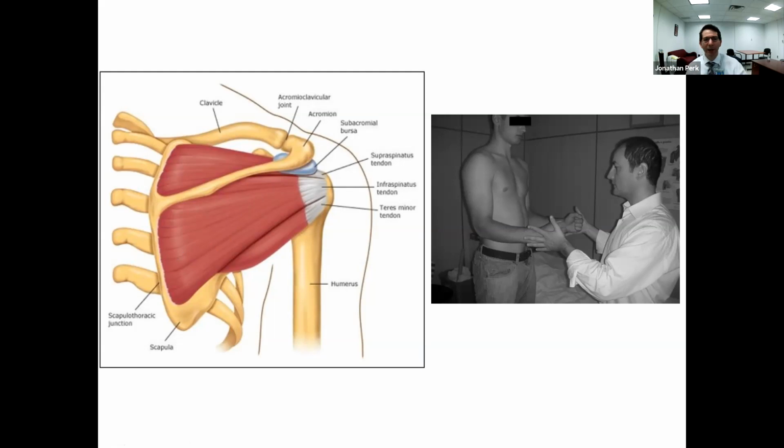Now, again, the insertion on the humeral head determines the movement. If you see here closely, if you see my cursor here, it's attached in the posterior lateral aspect of the humeral head. So when it contracts, we get pulling of the humeral head in a rotation movement that causes the arm to go outside. External rotation. Okay.